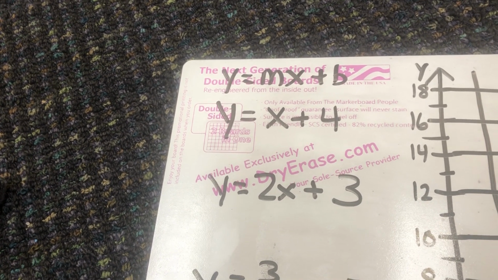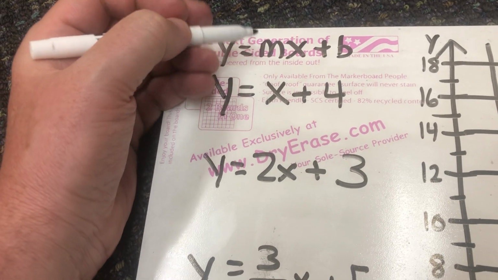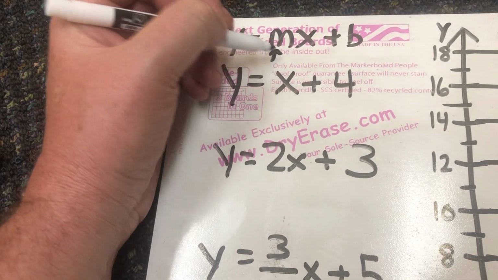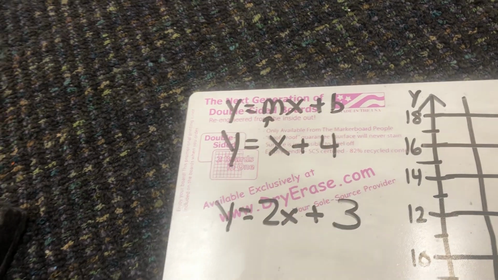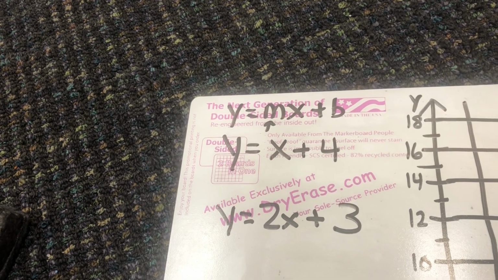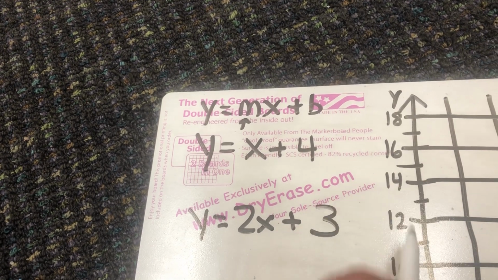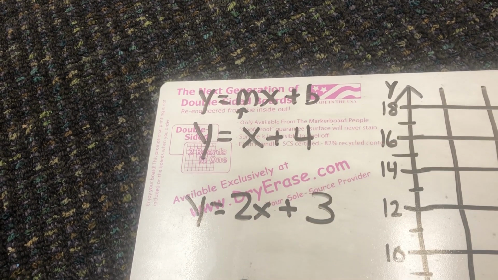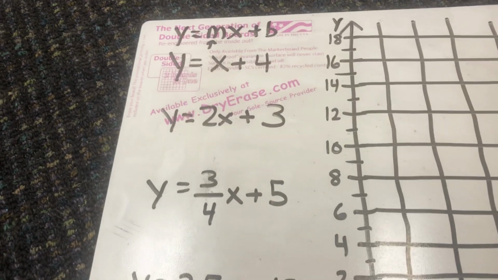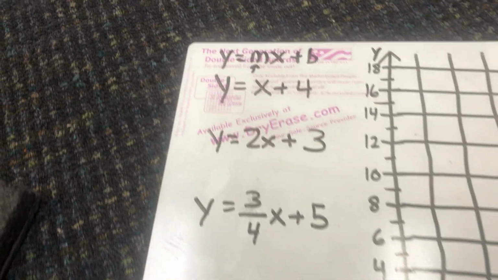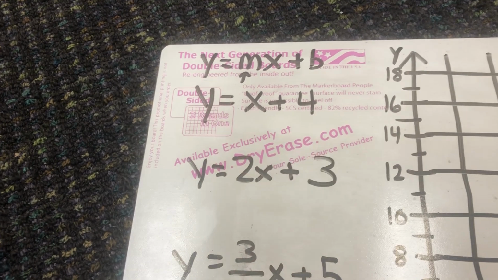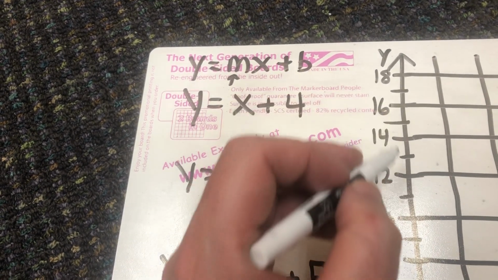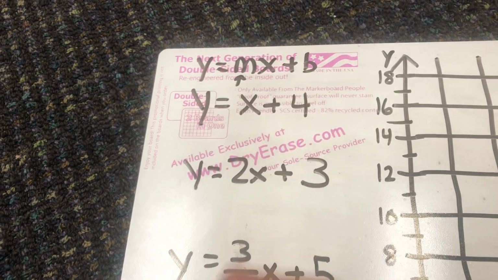Now, m is represented by the slope, and b is what we call the y-intercept, where it reflects on the y-axis. So when I think about the y-axis, where does the line cross the y-axis?